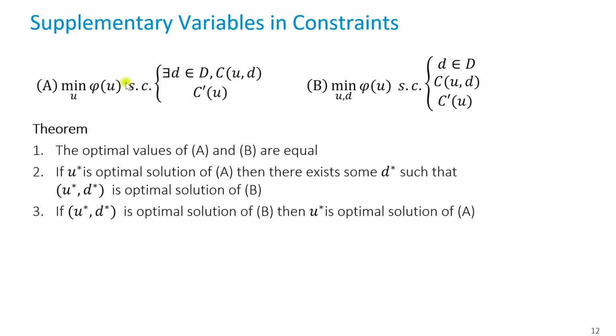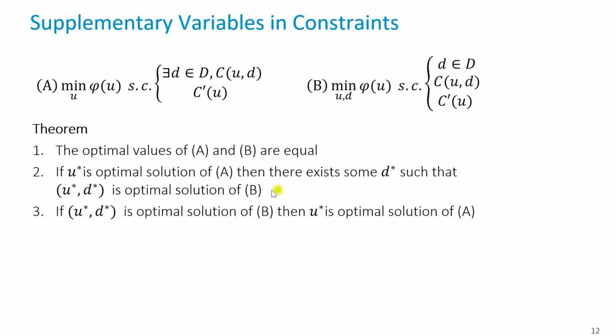More exactly, of course, the two problems are not exactly the same, because here we have optimization variables that are u, whereas here they're u and d. So formally, they are not the same, but they are the same in the sense that the optimal values are equal. And if I have solved A, I have an optimal value u star. Therefore, for this u star, there exists a d, which I call d star, that satisfies the constraint that d is in the set d, and the constraints written here are also satisfied.